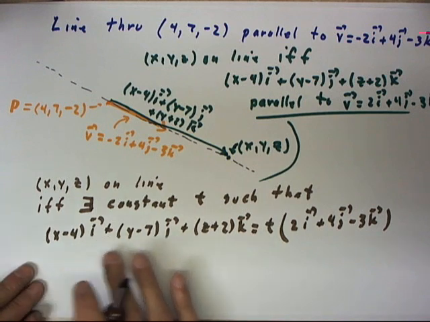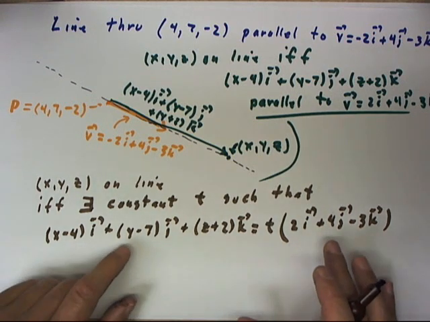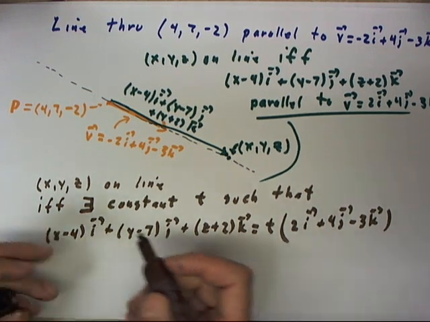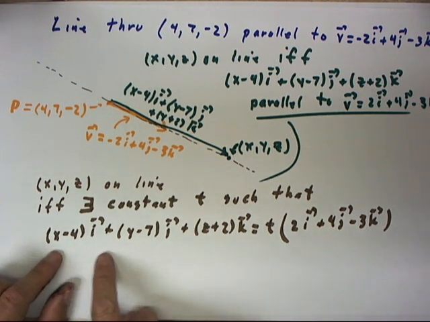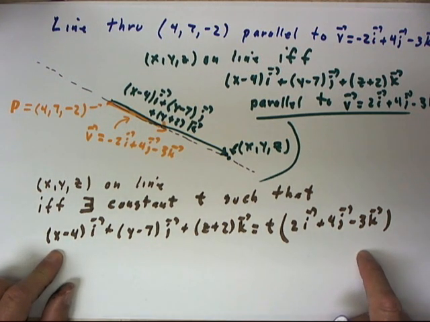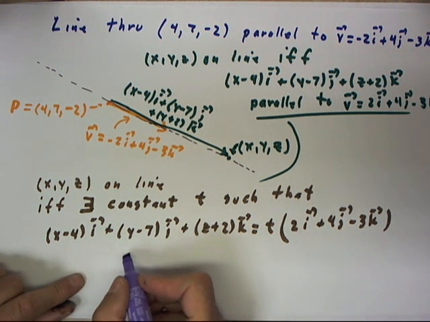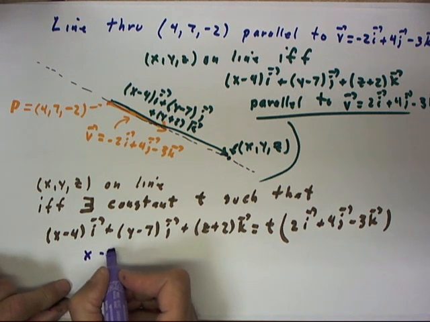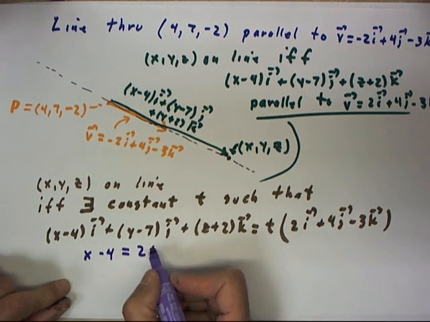Now, what does it mean for two vectors to be equal? It means that their i components are equal, their j components are equal, and their k components are equal. So, we're going to have this equality if there exists a t with the property that x minus 4 equals the i component here, which we easily see to be 2t.